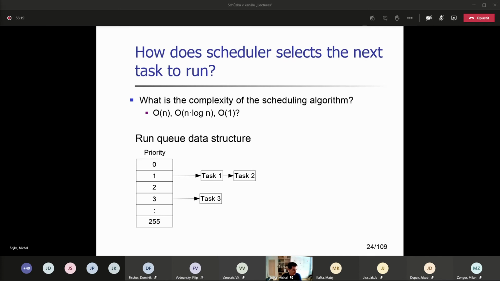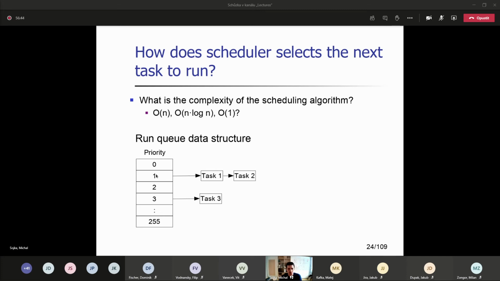So if we have 32 priorities, we can use this special instruction to find the highest priority, the first bit set in this register, in this bitmap, and this would directly correspond to the highest priority which is ready to be executed.